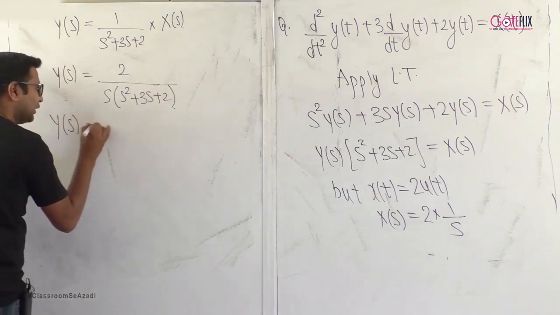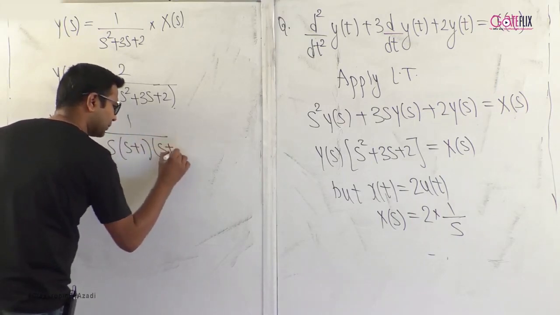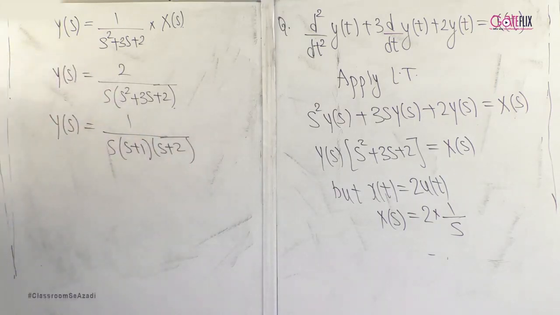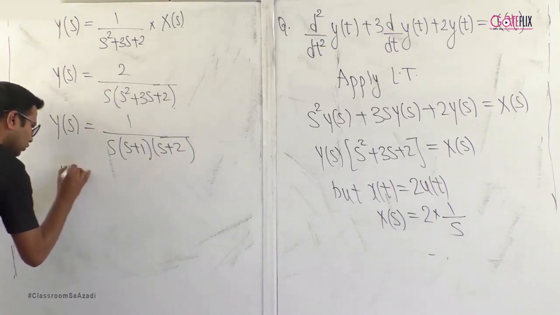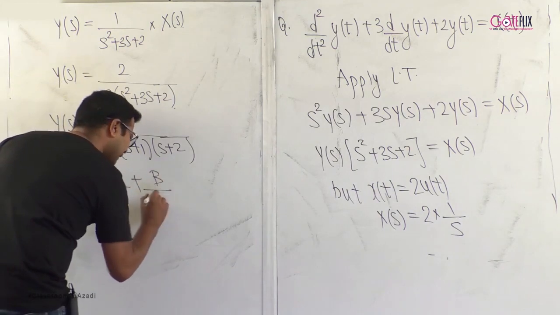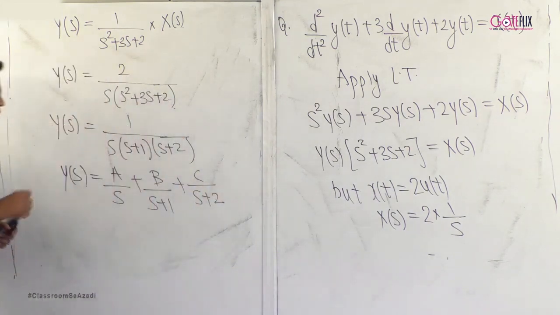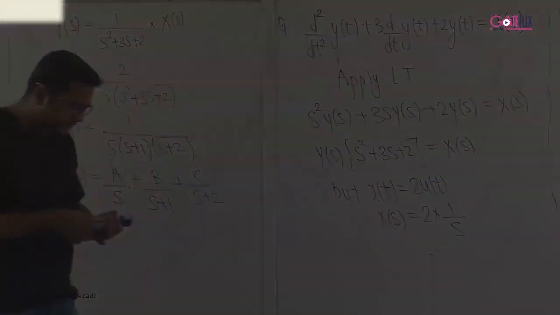Therefore, Y(s) can be written as 2 upon s(s+1)(s+2). We now have to apply the partial fraction expansion. So, Y(s) will become A by s plus B by s+1 plus C by s+2. We have to find the values of A, B and C.